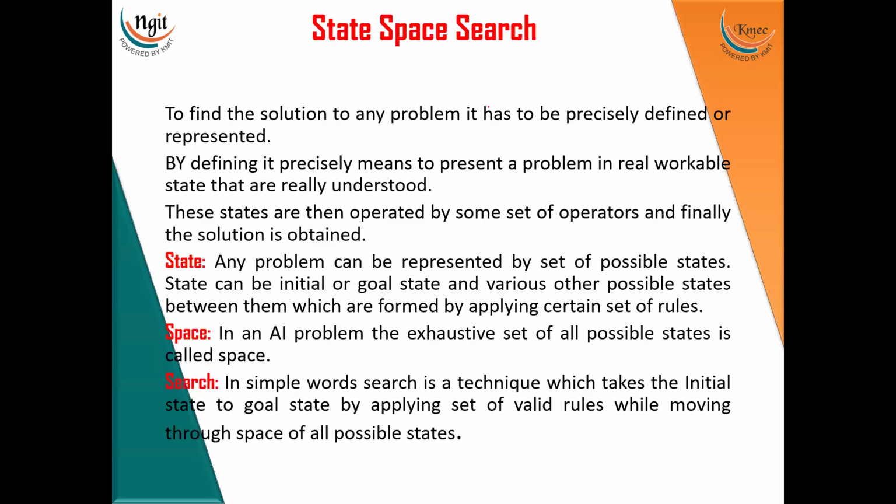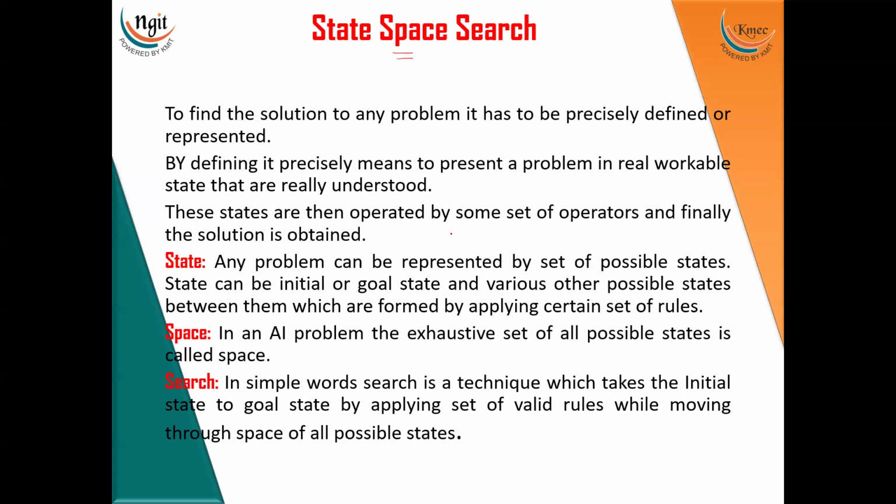And one more important concept in AI is state space search. To find the solution to any problem, the first thing is that it has to be precisely defined or represented. That can be represented with the help of a state space search. Let us define these three words independently. The very first thing is state.